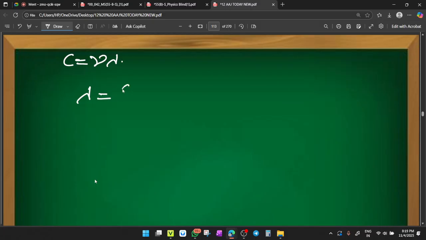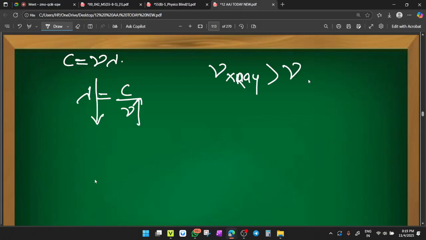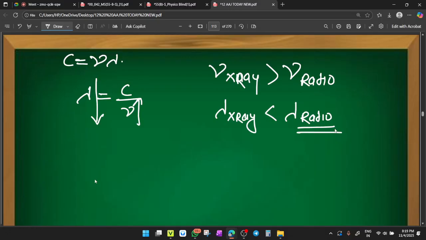So lambda is equal to C upon nu. So when frequency increases, the wavelength decreases. Here the frequency of X-ray is greater than the frequency of radio waves, so lambda of X-ray will be lesser than lambda of radio waves. Clear?